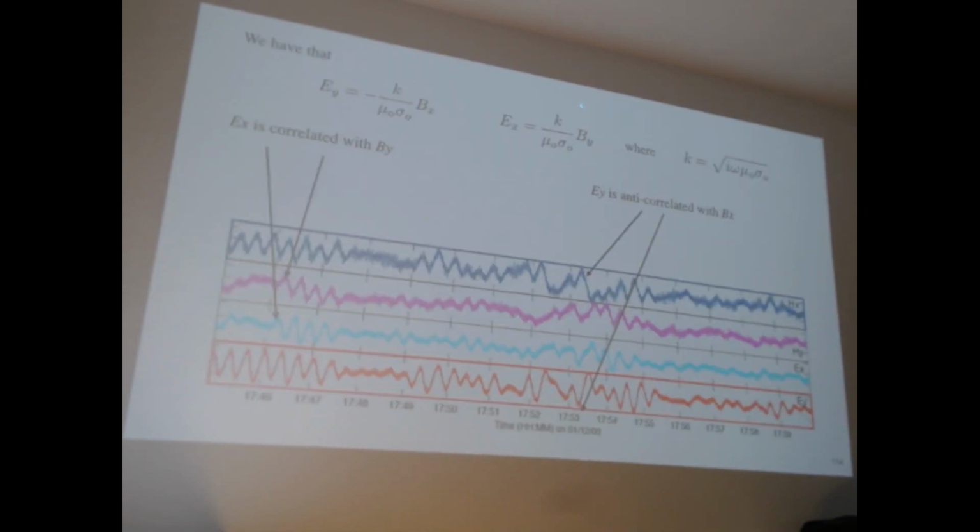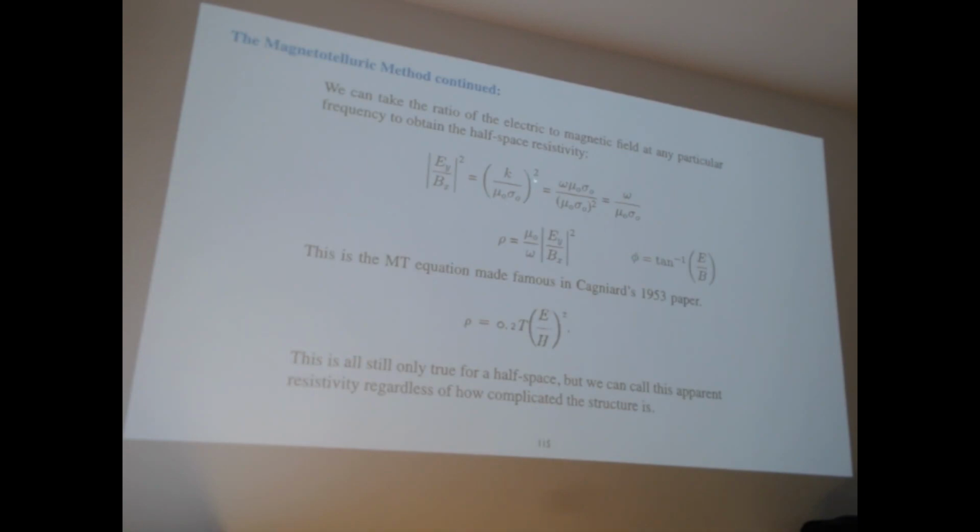So if I take the ratio of E to B, we always square this thing because of k being the square root. So, quick little bit of math, the ratio of E to B squared is given by the frequency over conductivity. So I can rearrange this for resistivity, and basically the resistivity of the Earth is 1 over frequency times the ratio of the fields squared.